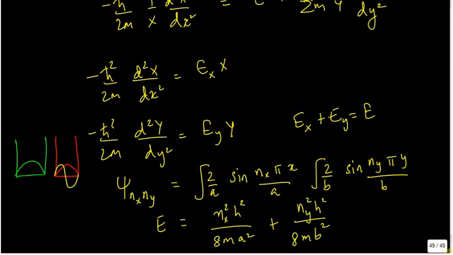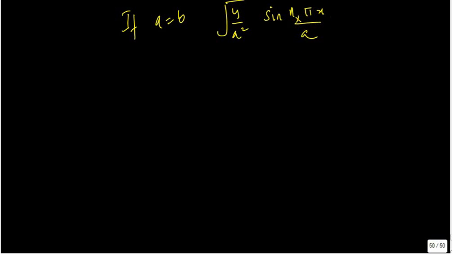There's an interesting thing that happens if A equals B. I don't need to worry about the waves. I mean, the waves would be like 4 by A squared sine of nx pi x by A sine of ny pi y by B. B is equal to A, sorry.